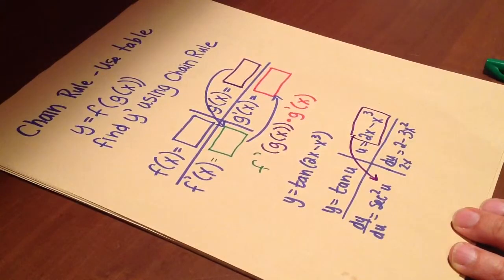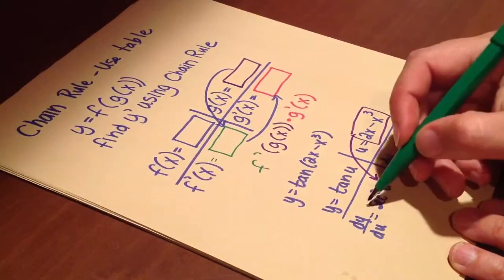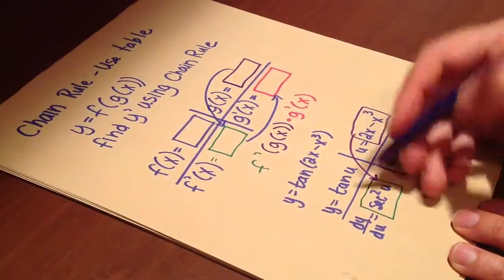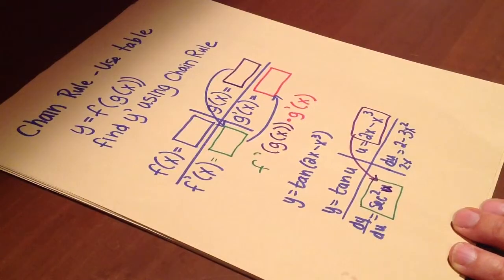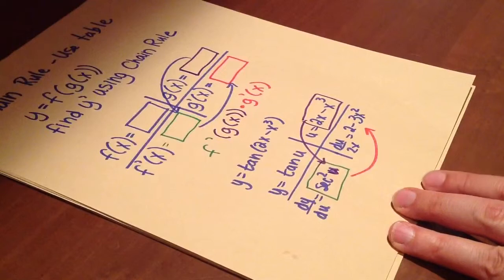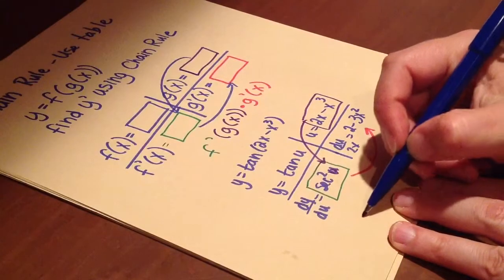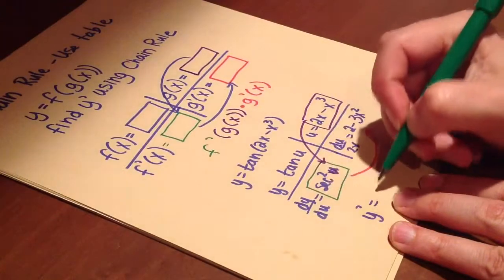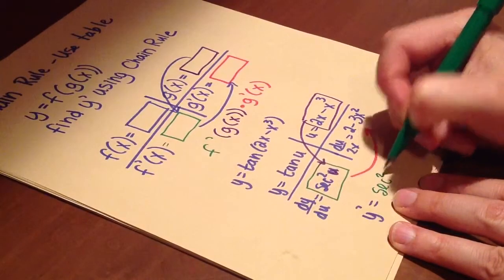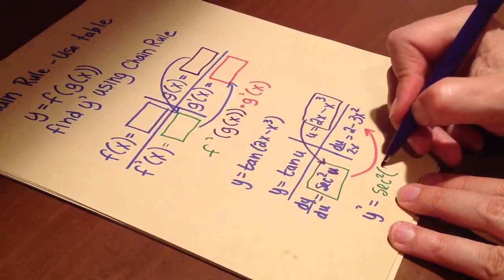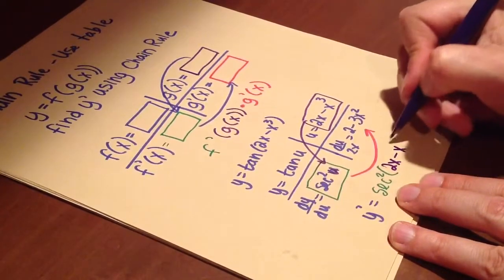So basically I'm going to start off with this function, but I'm going to plug this value in for u, and then I'm going to multiply it times this value right here. So when I do that, I'm going to be left with the first derivative is equal to, okay, I'm going to take this secant squared, and I'm going to substitute in 2x minus x cubed.